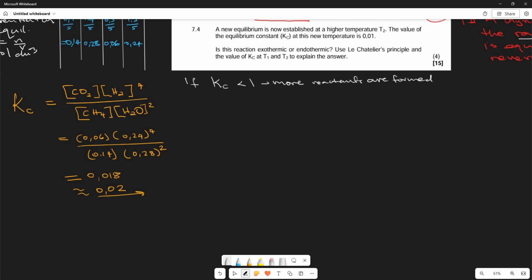And we can also add that when Kc is less than 1, the reverse reaction is favored. So maybe this may be of help to answer the next question. Another point is when Kc is greater than 1, it implies that more products are formed.